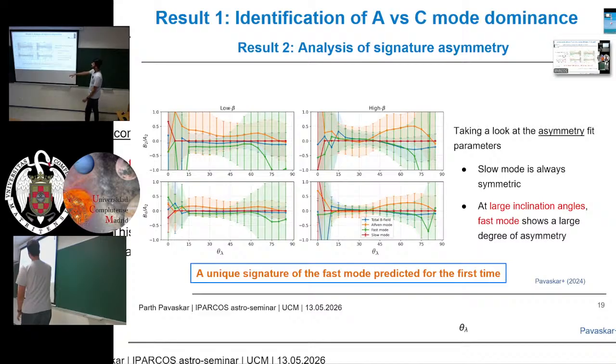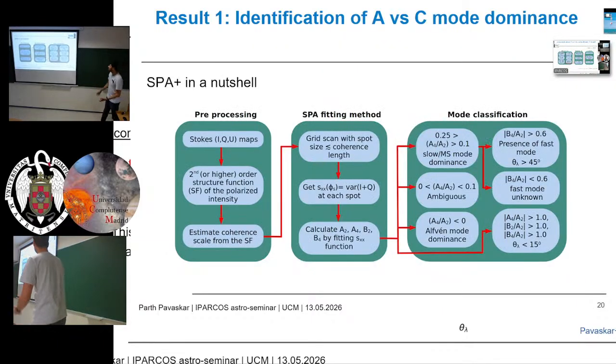So this is probably the nicest result from this work, that the fast mode does seem to show this asymmetry, and this asymmetry was not a numerical artifact. It was essentially only appearing in simulations that had a significant energy fraction in fast modes. So this is, I would say, the main result of this method.